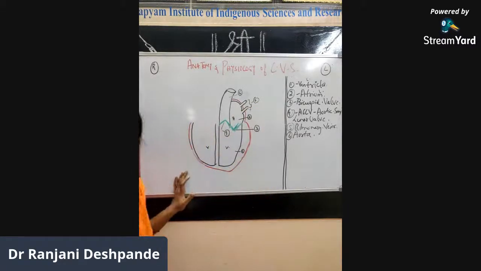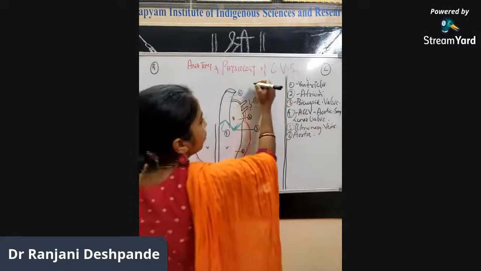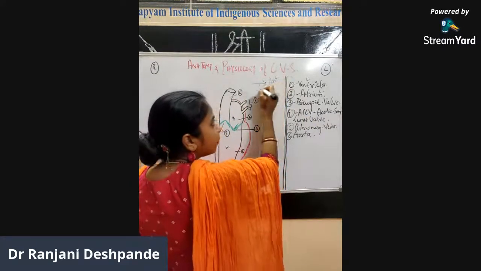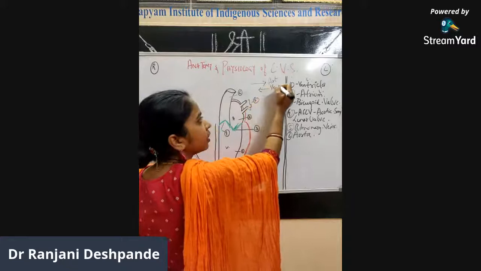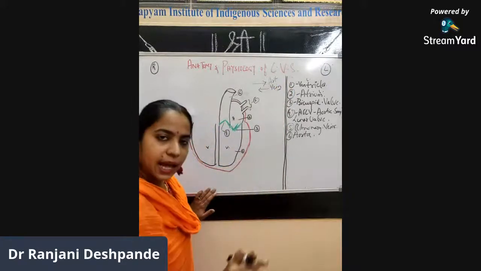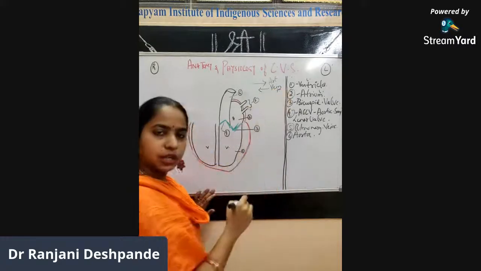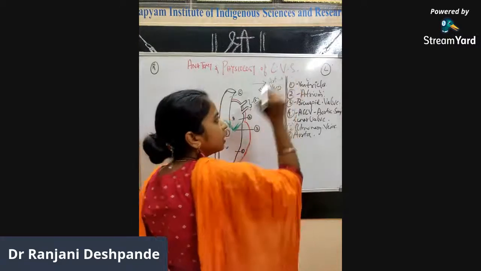So a better definition of the artery or the vein is that any vessel that carries blood away from the heart is called an artery. If you're going away from the heart, then it is an artery. If you're coming towards the heart, then you can call it a vein. That said, in most cases, a vein carries deoxygenated blood and an artery carries oxygenated blood.